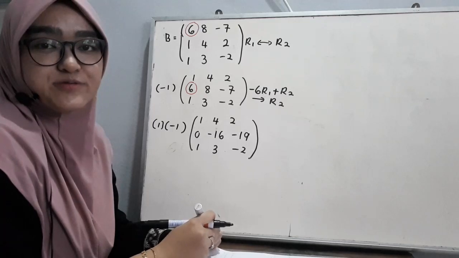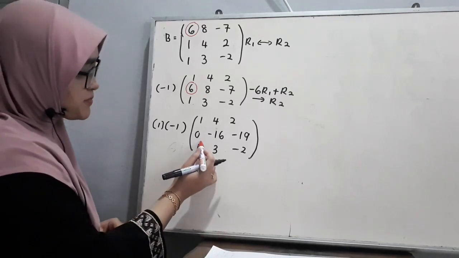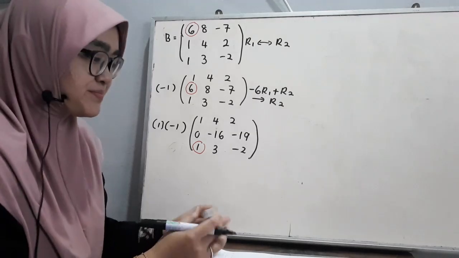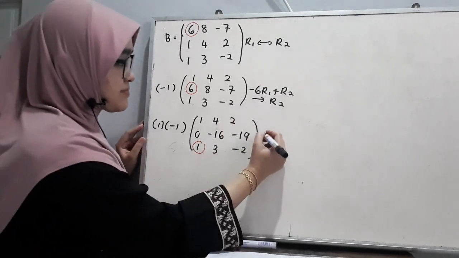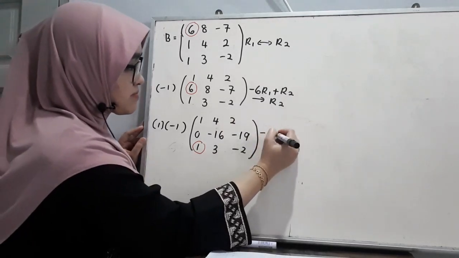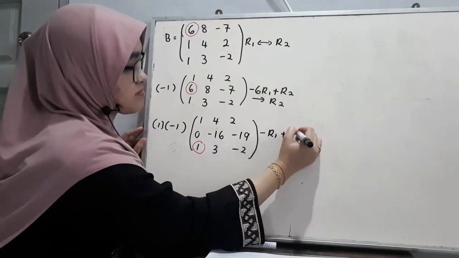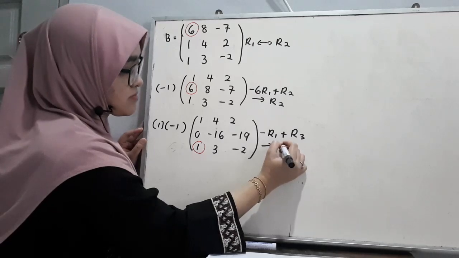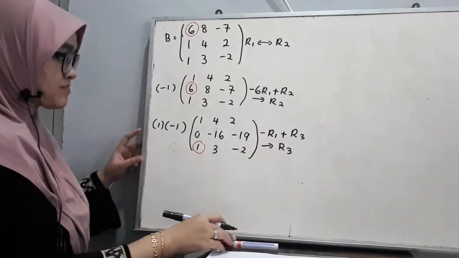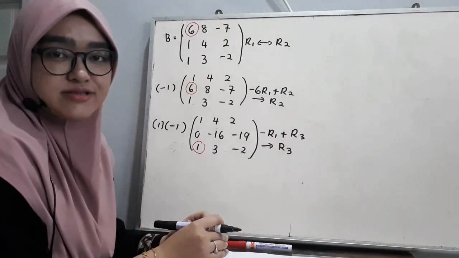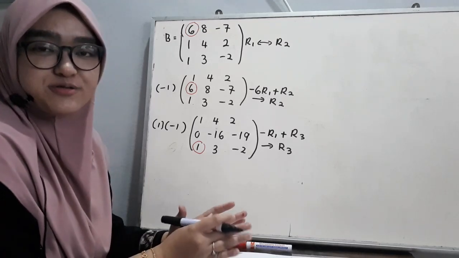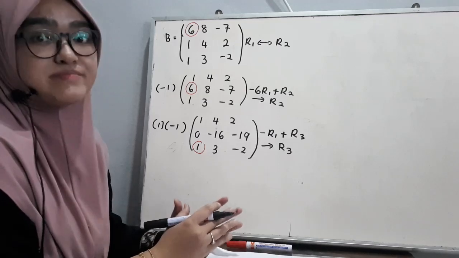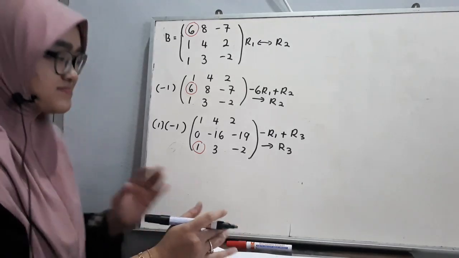Next, we want to change 1 into 0. And remember, when we do an addition operation, we must multiply the matrix by 1.